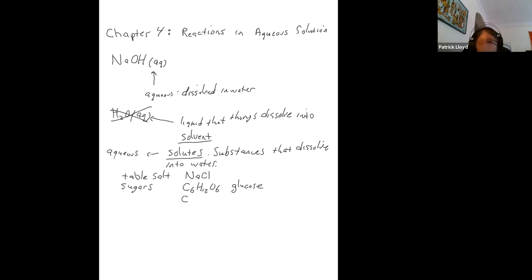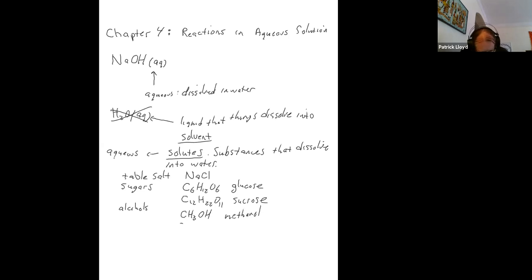There's also sucrose. This is a different type of sugar. That one also dissolves into water. There's also alcohols. They dissolve into water. So one of them is methanol. Let me write the formula first. It's called methanol.